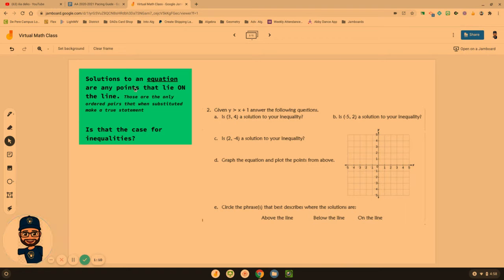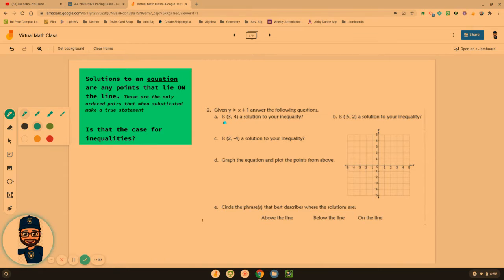So points for an equation represent any number of solutions that are on that line. However, that's not the specific case for inequalities. One of the questions you were asked to work on, I think it was Tuesday, was looking at an inequality, y is greater than x plus 1, and determining whether or not some of these points are solutions.